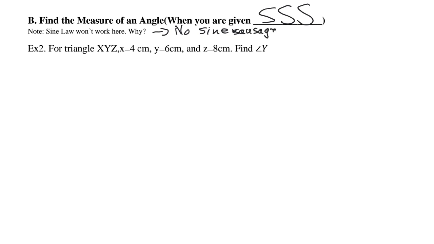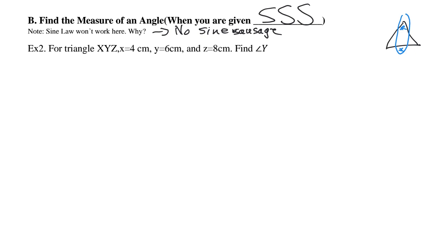When we had sine law, we had to have an angle and a side that had numbers, a number here and a number here. If we didn't find that, then you can't find the sine sausage. Okay?